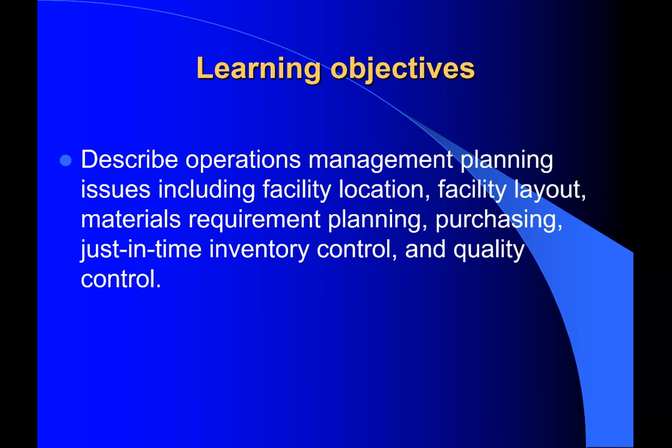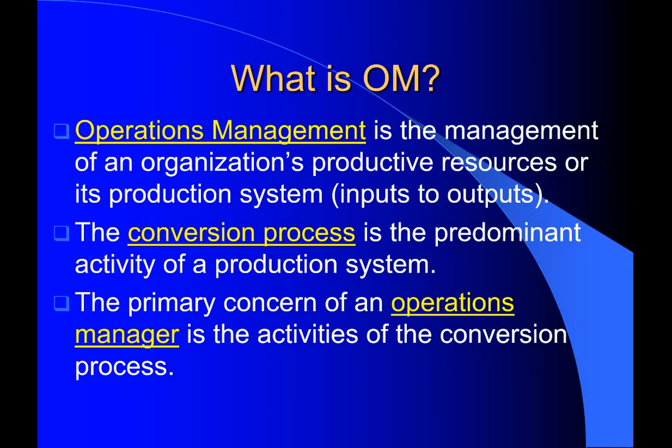These are some of the key features of the chapter and what we look at when we are discussing operations management. So the first thing we ask ourselves is what operations management is.